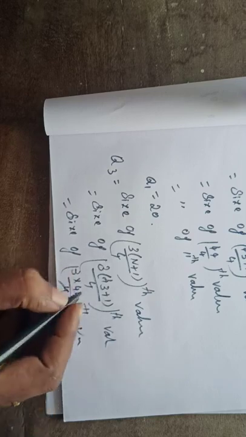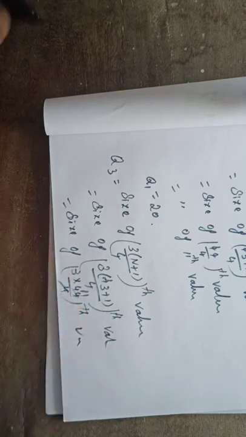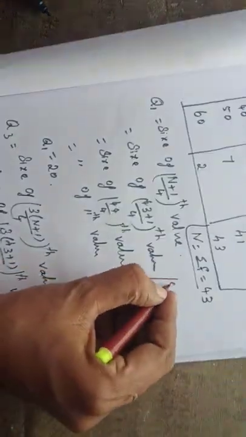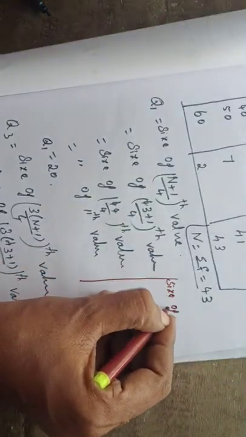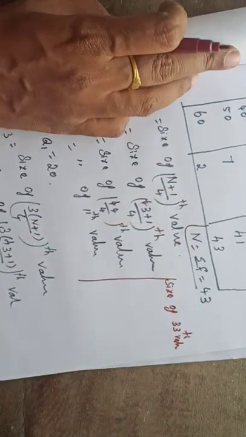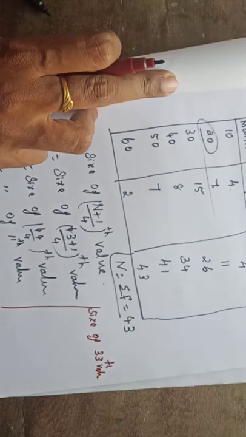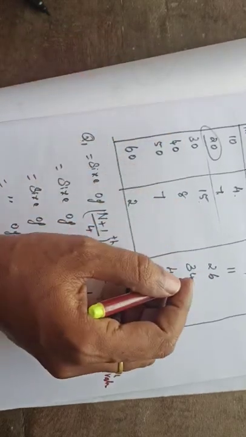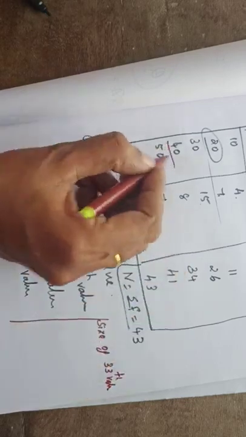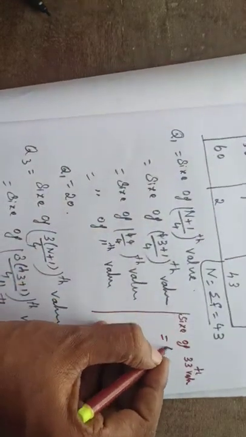So what will you get? 33rd value. So what is the size of the 33rd value here? Here 33 is not there, 34 is there. So respectively we can take that, that is 40. So that's equal to 40.